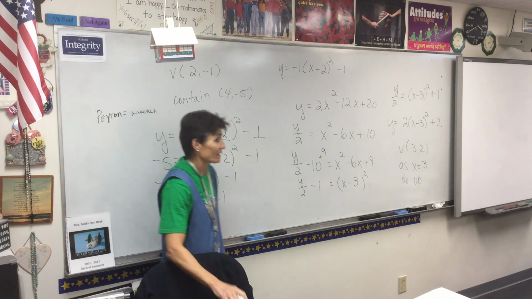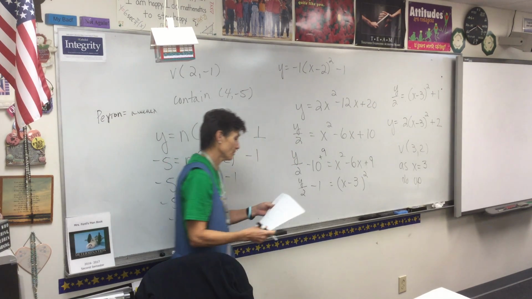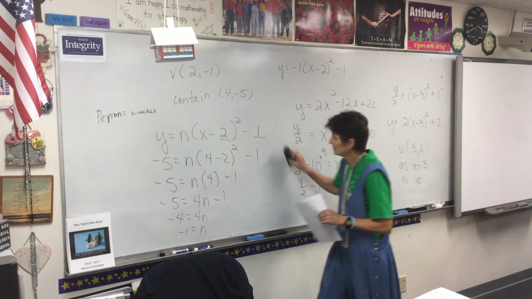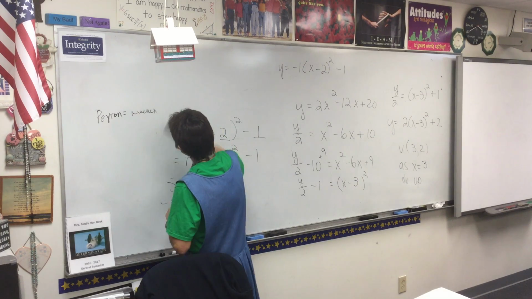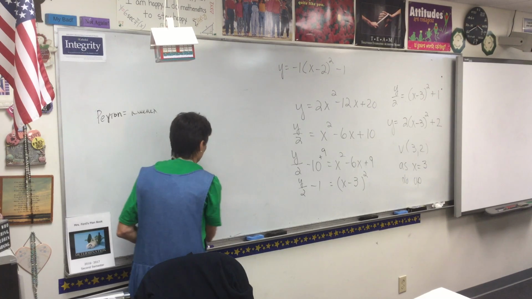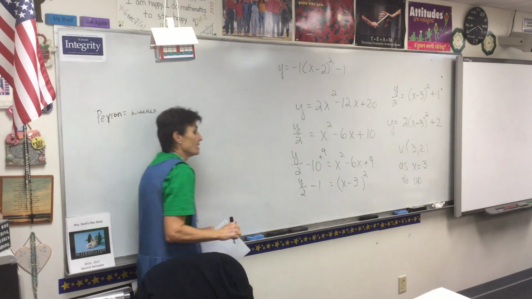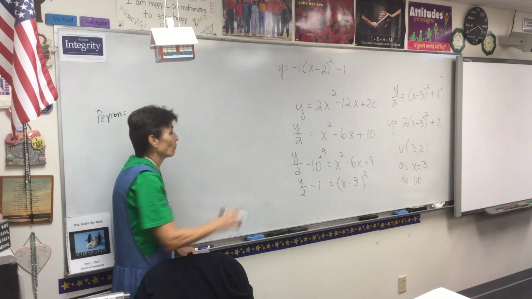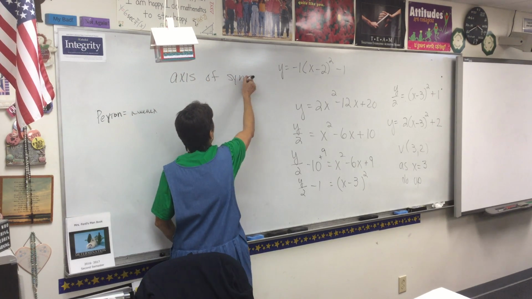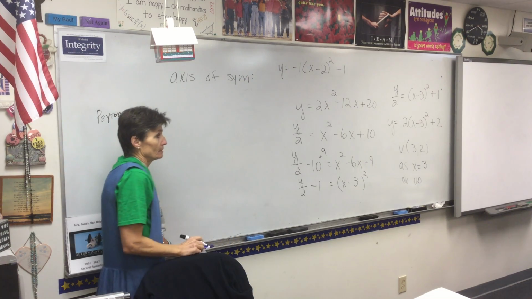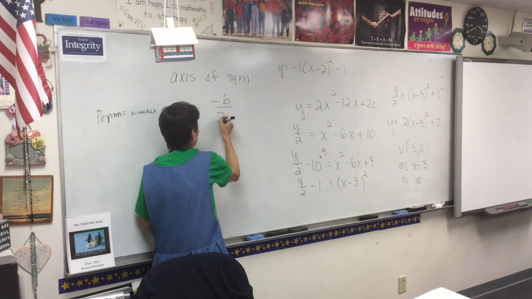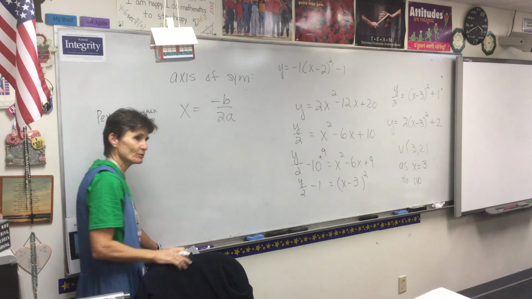But now we've got to look at the back, because the back is the other new thing for today. I think this is going to look familiar to you, because I think you did this last year, but I could be wrong. There actually is a formula for the axis of symmetry: x equals negative b over 2a. Does that sound familiar?